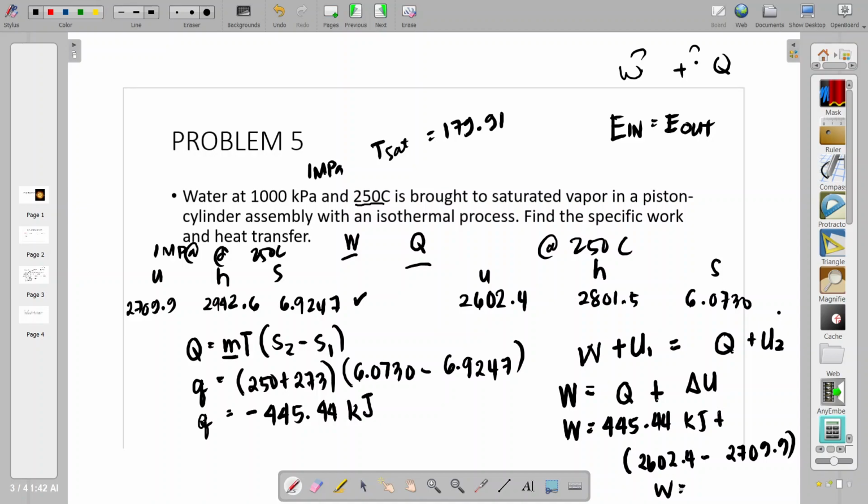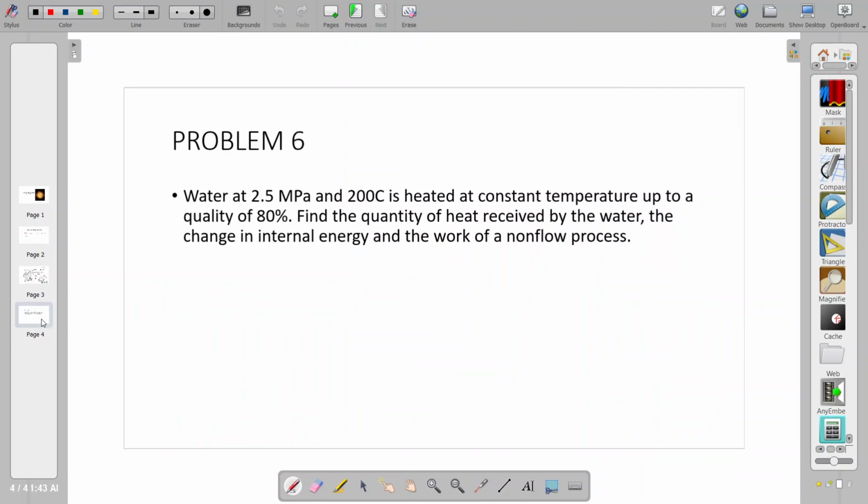So, our work equivalent is 337.94 kilojoules. So, this is our final answer. And this is our final answer for the specific heat. Okay, so that's it. Let's proceed to problem number 6.